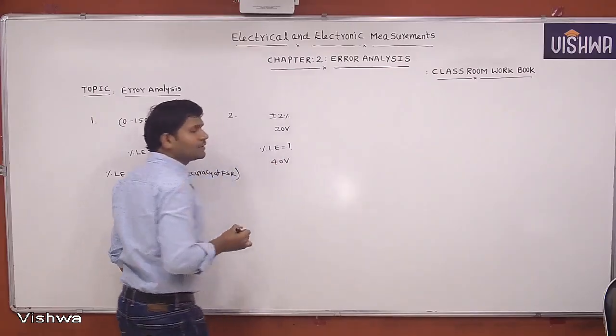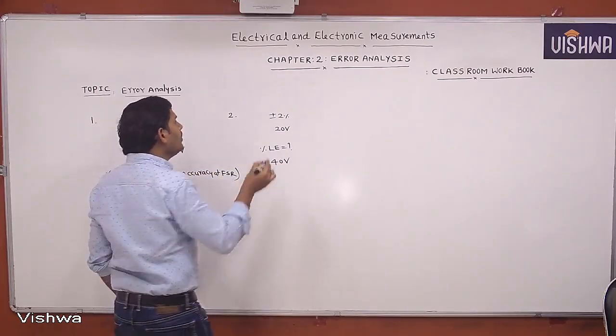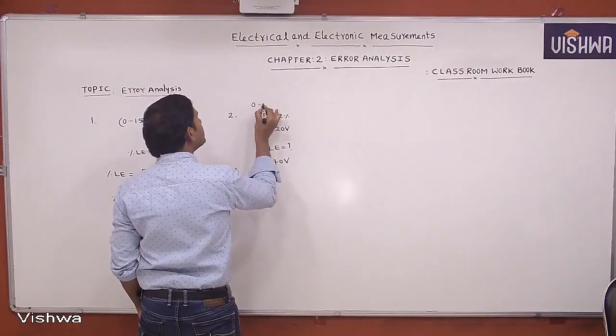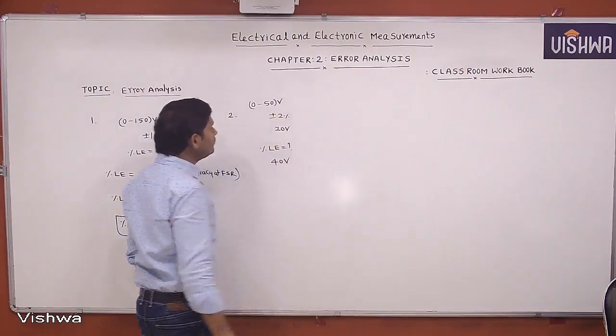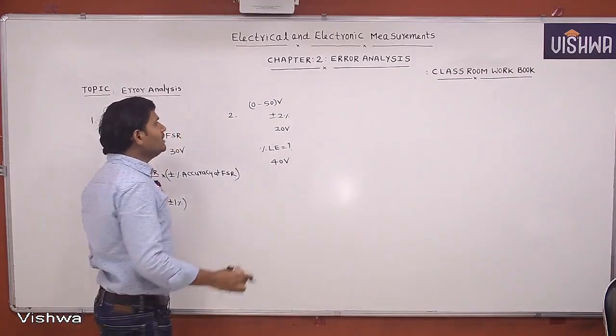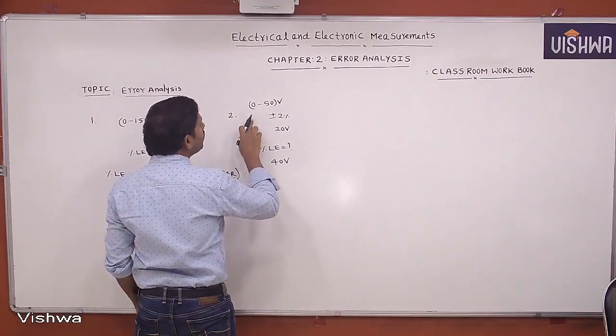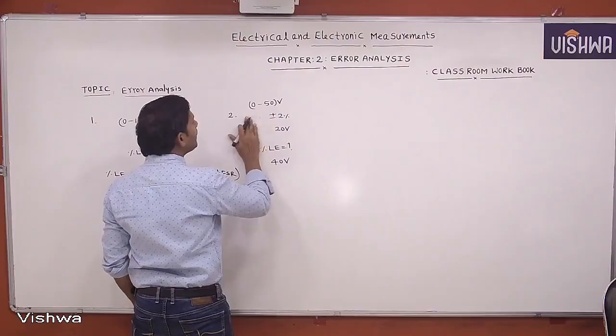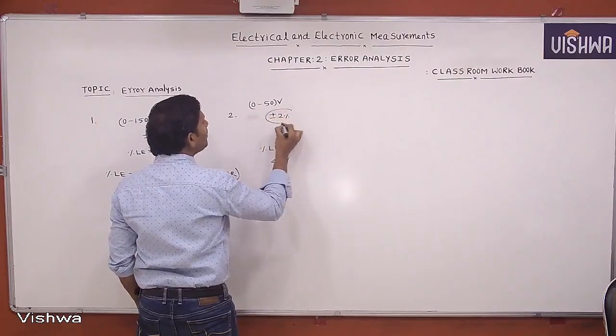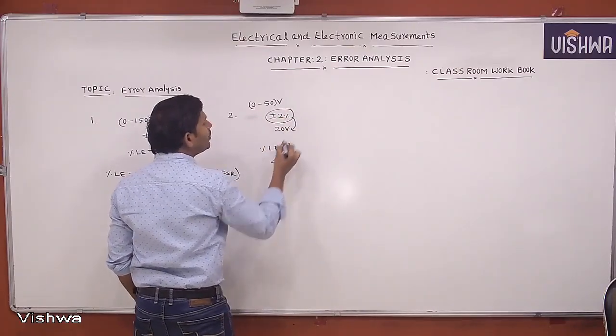This is asked. The given voltmeter is a 0 to 50 volts voltmeter, having accuracy of plus or minus 2% in the measurement of 20 volts.